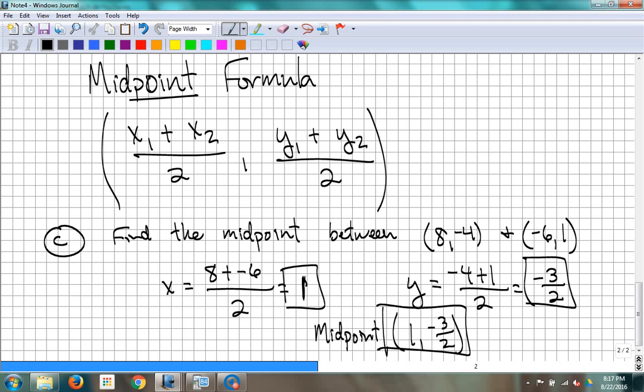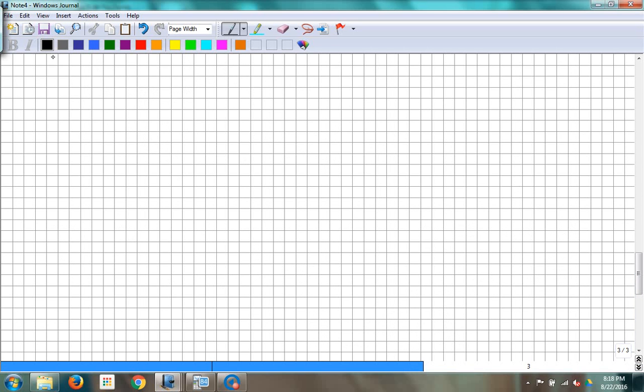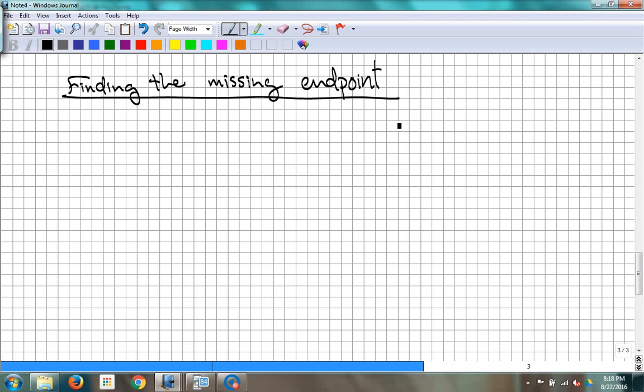Okay. All right. So the next thing that comes up in this is, what if they give us the midpoint and one of the endpoints and say find the other one? Okay, so they've given us one endpoint and the midpoint and say, okay, what's the missing endpoint? So we're looking at problems about finding the missing endpoint. This is what brings it up to a little higher level of mathematics here.